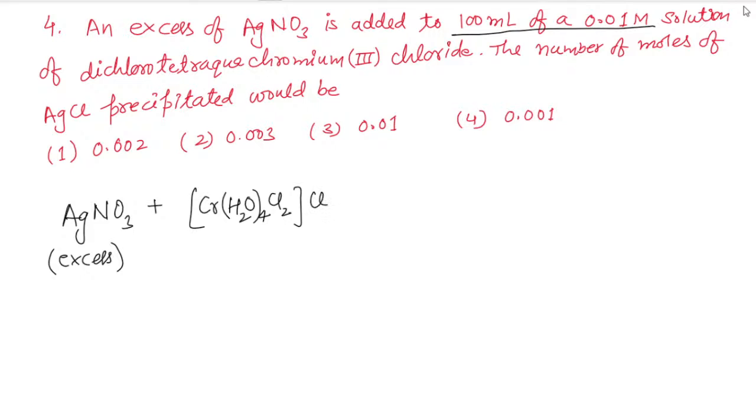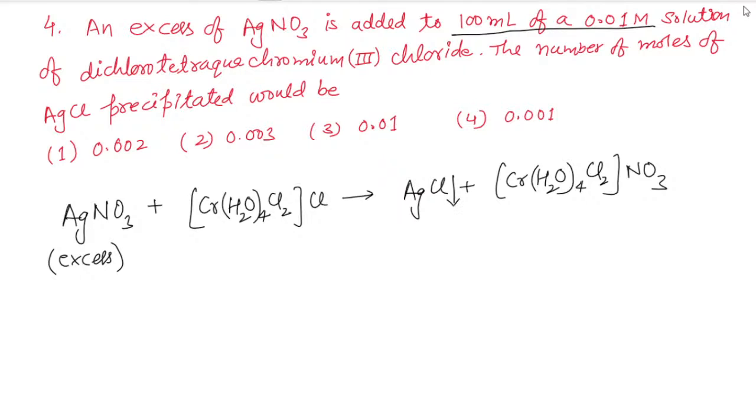Because chromium is 3 plus, there is only one chlorine left outside, and we get AgCl, because the only chlorine which can be ionized is outside the bracket.